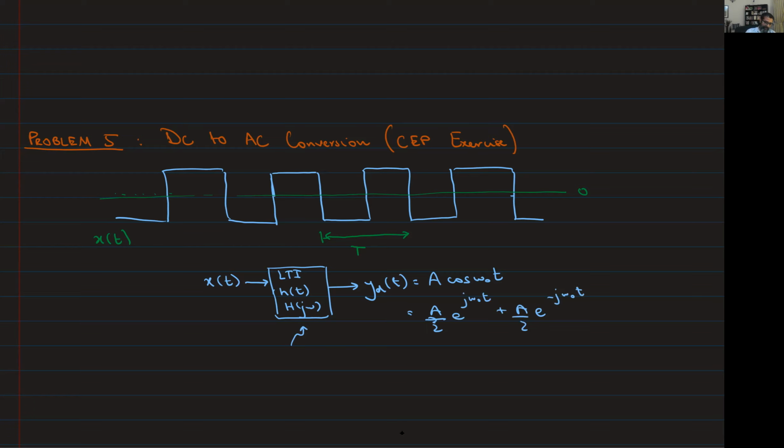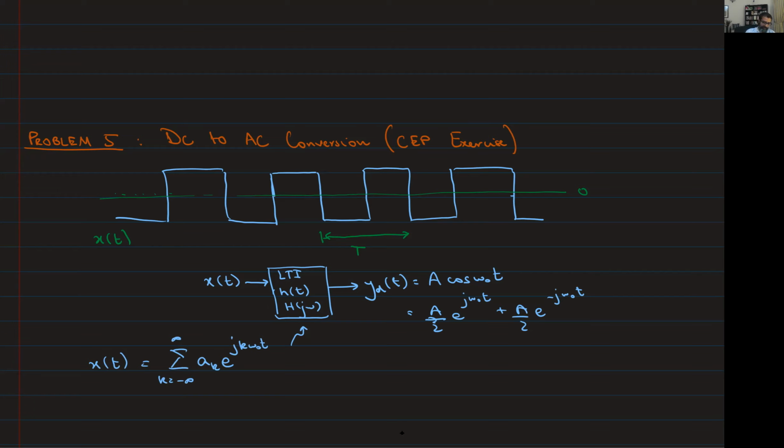And my x of t is actually equal to the summation of a_k e raised to power j k omega naught t, where k goes from minus infinity to plus infinity, where the a_k's we know of. We've done that through the example problems that we've solved.